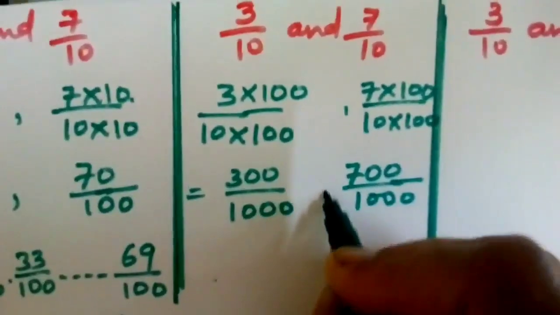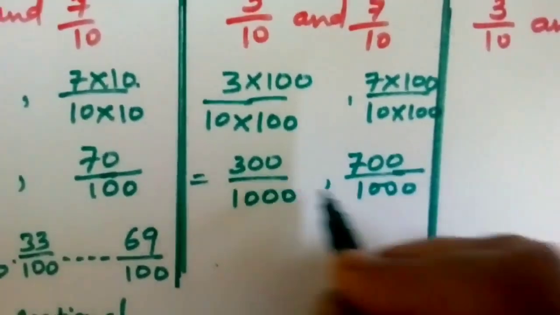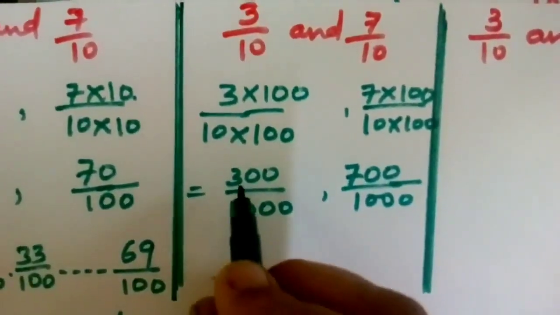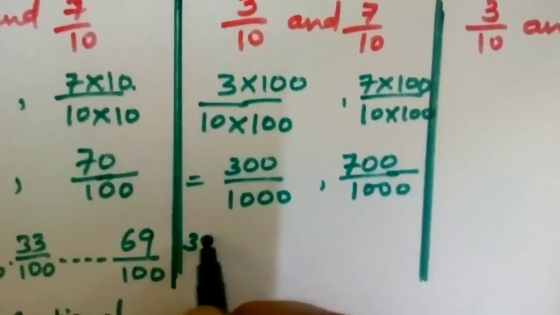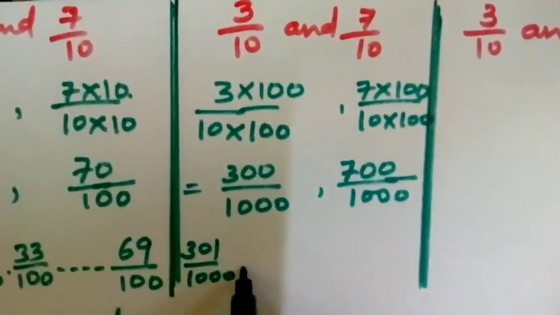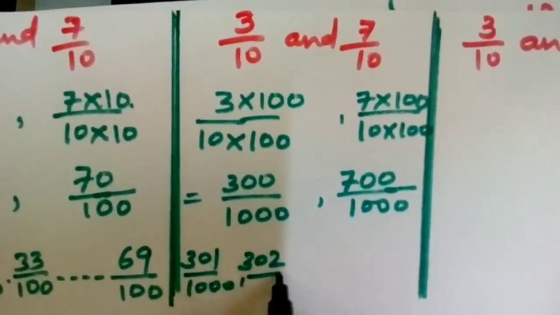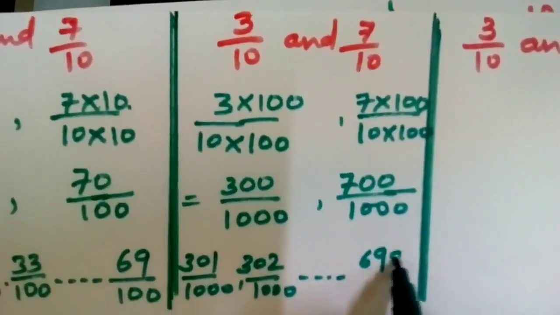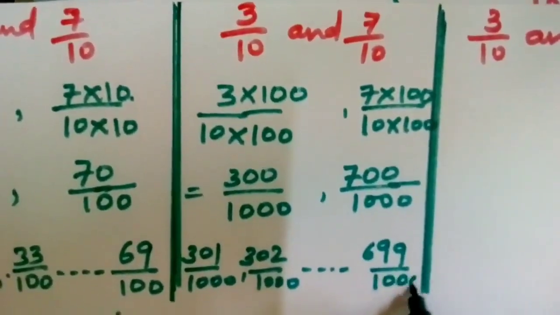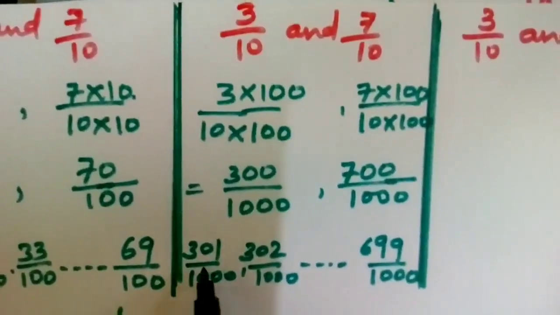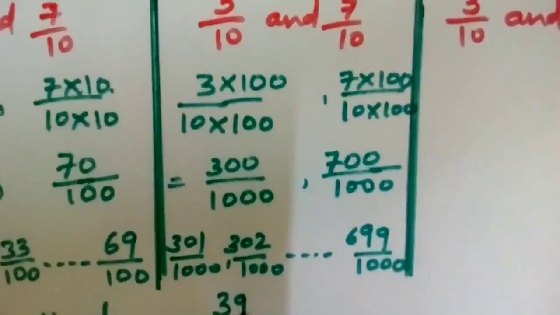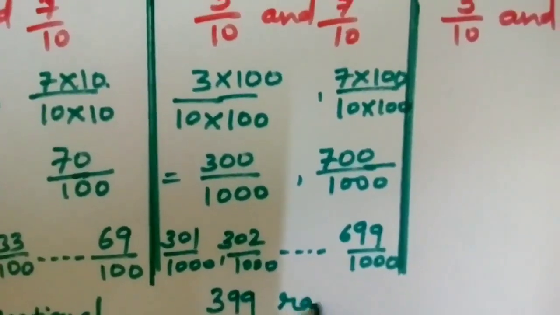So we can say that starting from 300 to 700, we will get all the rational numbers, as after 300 it will be 301 upon 1000, 302 upon 1000, up to 699 upon 1000. So starting from 301 to 699 means there will be 399 rational numbers.